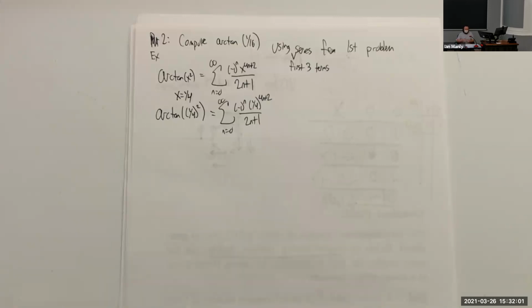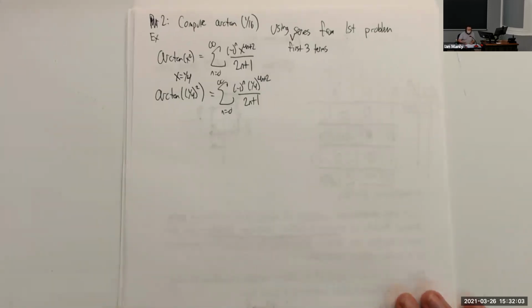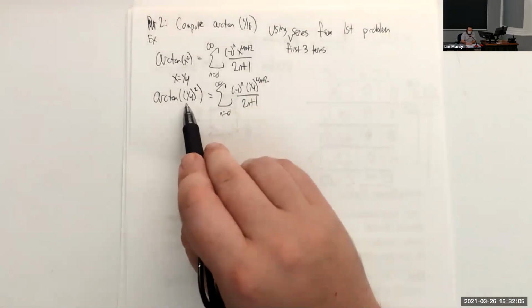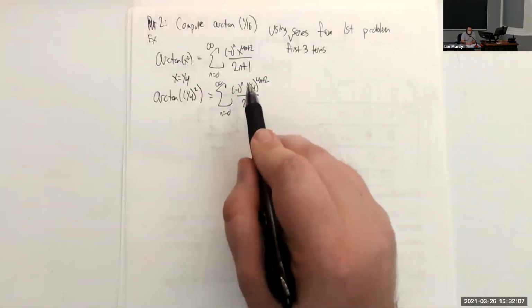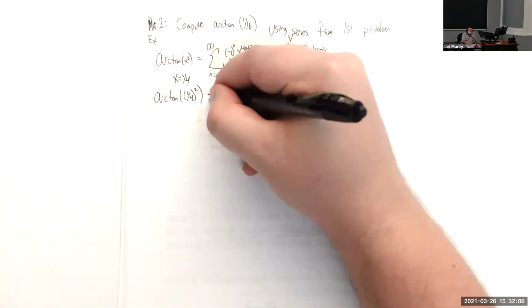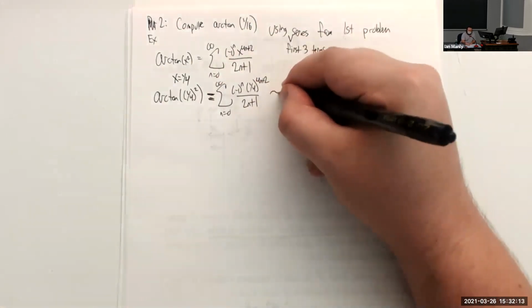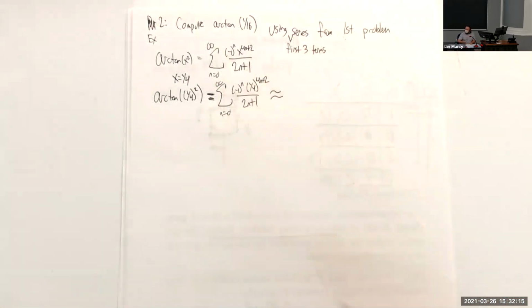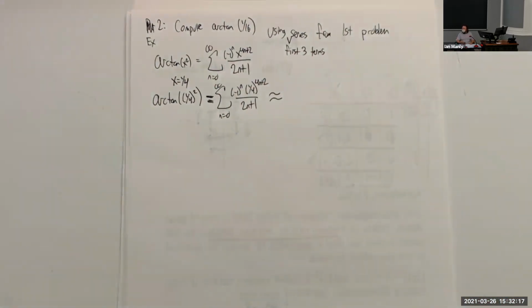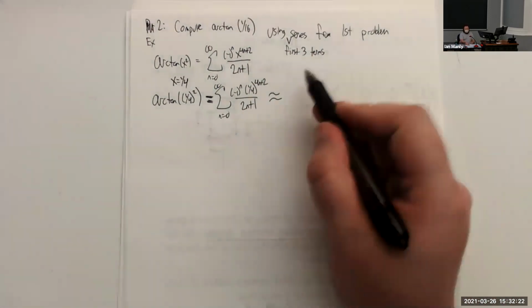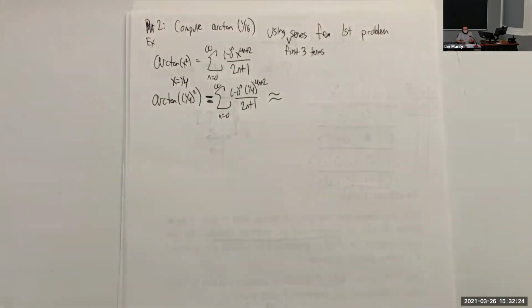So we're going to do it that second way this time. Arctan of 1/16, which is arctan of (1/4) squared, is exactly equal to this series. This is a regular equal sign because we go all the way to infinity. While we can't realistically add infinitely many numbers together, even on a computer, we could probably add 3 numbers together without too much difficulty.